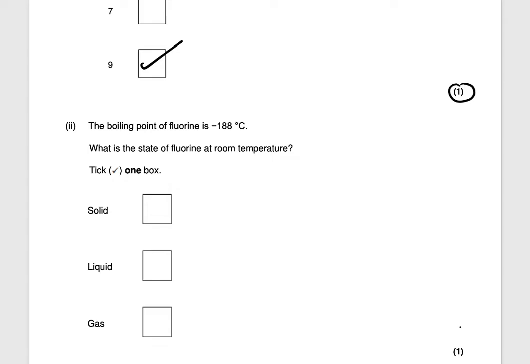What state is fluorine in at room temperature? So if its boiling point is at minus 188 degrees, that's the point at which it turns into a gas. At room temperature, it's going to be a gas. Okay, because minus 188 degrees is far too low to be a room temperature. Room temperature is going to be higher than that, but its boiling point is at minus 188 degrees, so it's going to be a gas.